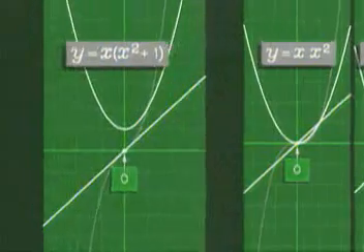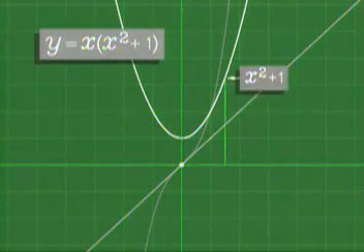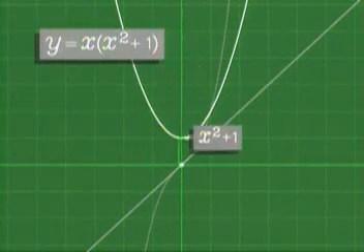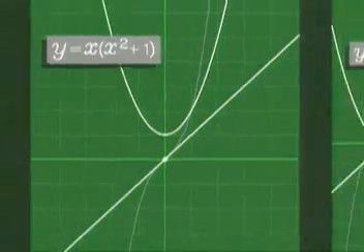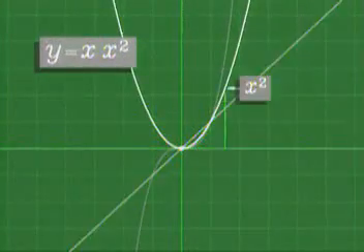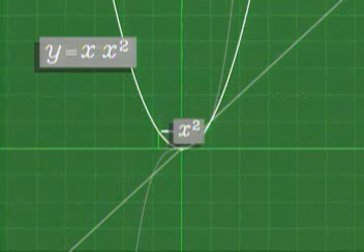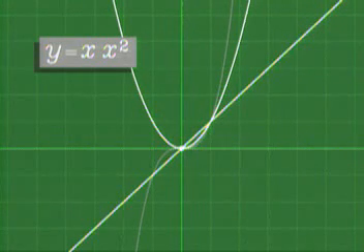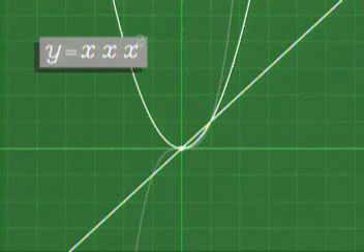In this example, the quadratic factor is never 0, so the cubic has only 1 zero. In this example, the quadratic itself has a double zero, so it can be factored and the cubic has a triple zero.